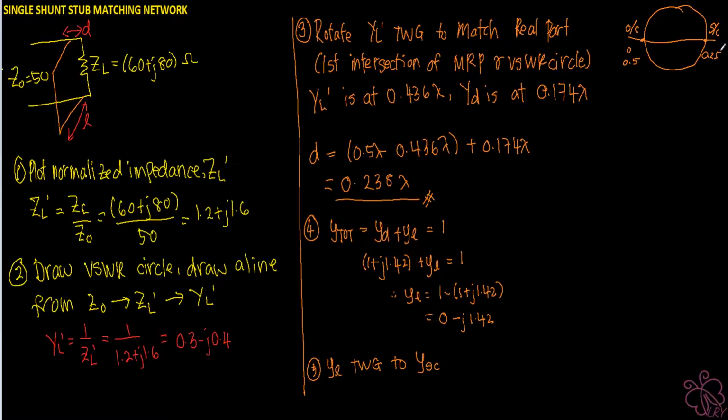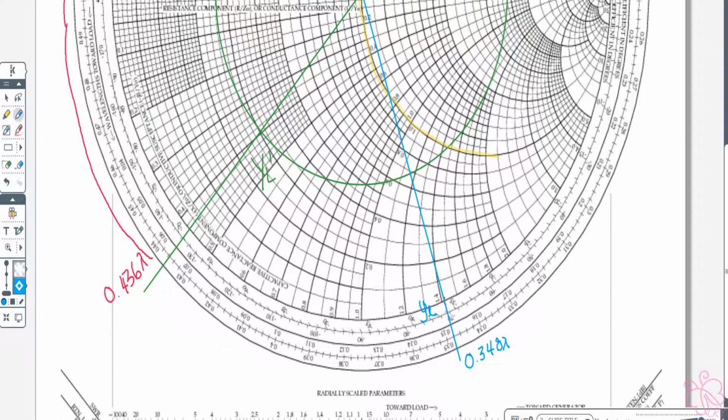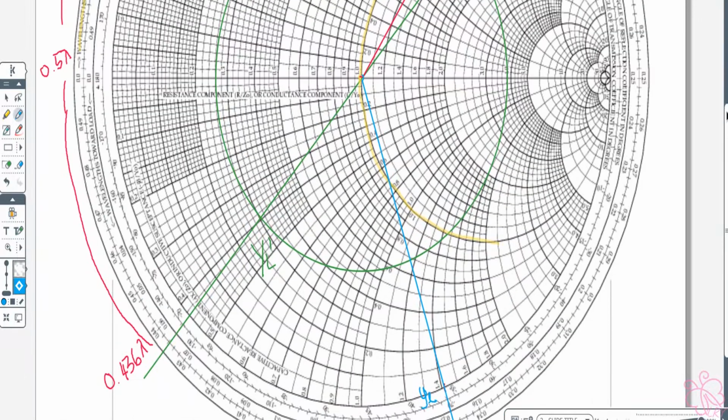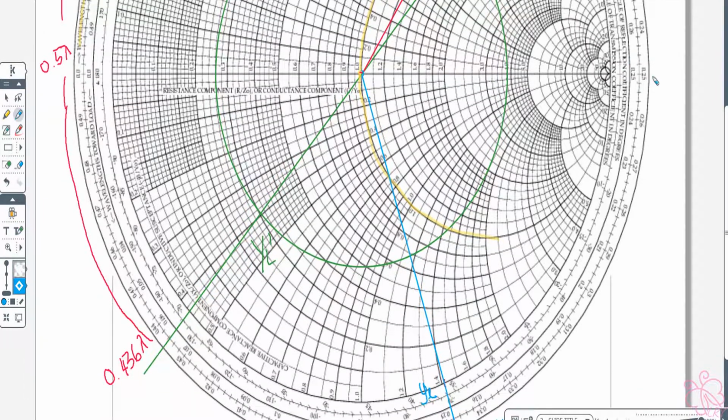Looking back at our Smith chart, our short circuit is here, 0.25. So label here, this is Y short circuit.